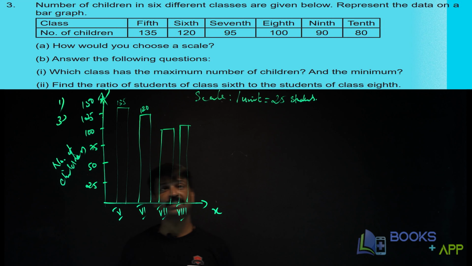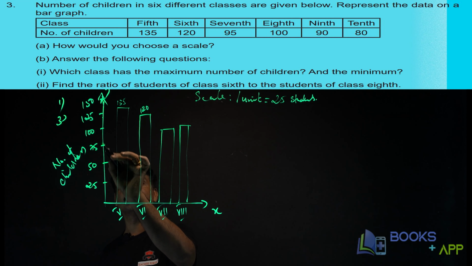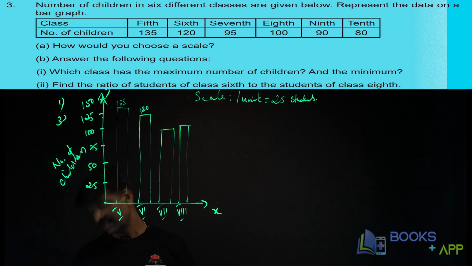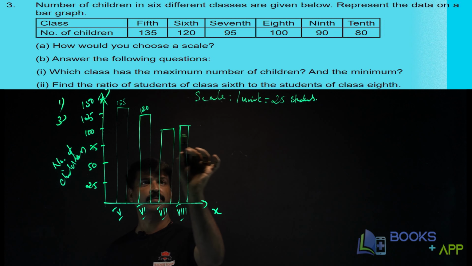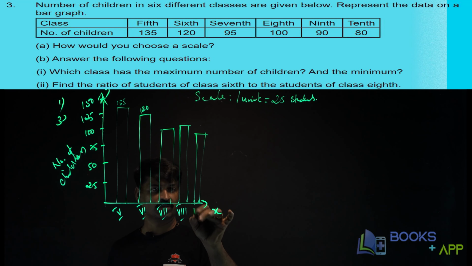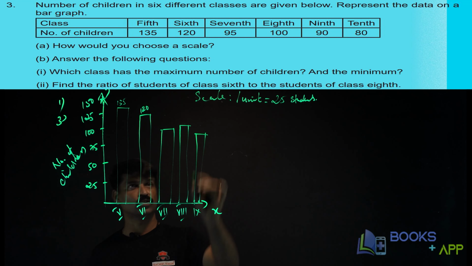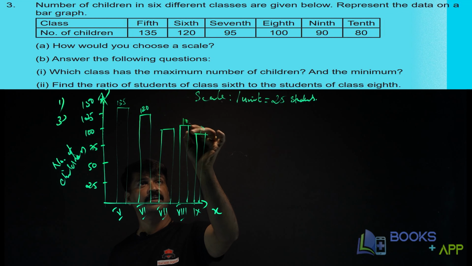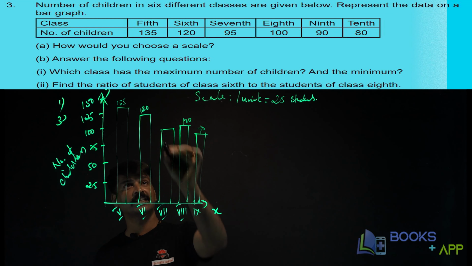Then in 9th standard, we have 90. 90 means 75, here it will be 80, 85, 90, 95, 100, isn't it? So it is 90. 90 means it will be around here. So the number of students in 9th standard is 90. In 8th standard, it is 100. Then in 7th standard, it is 95.